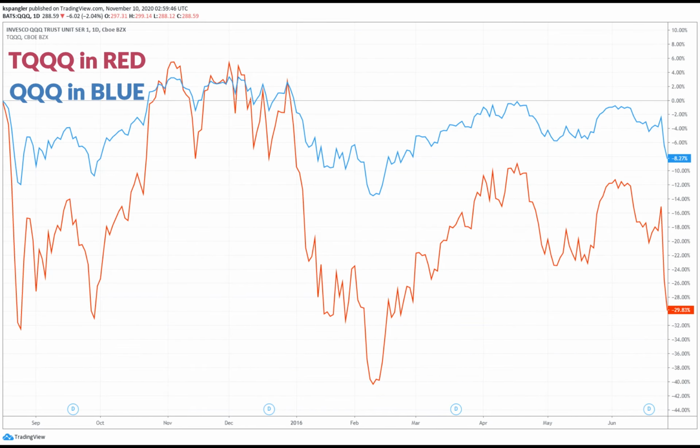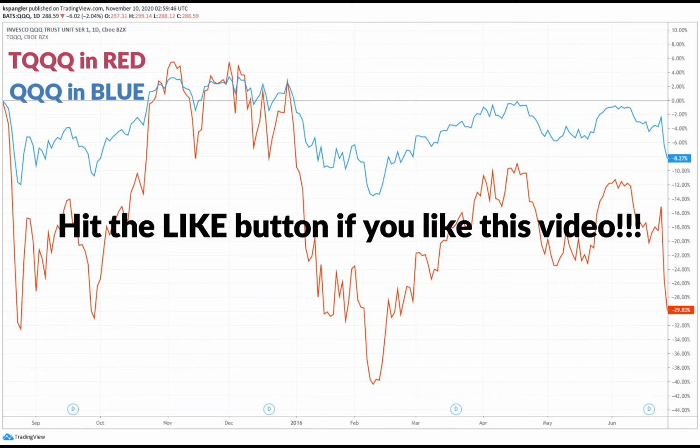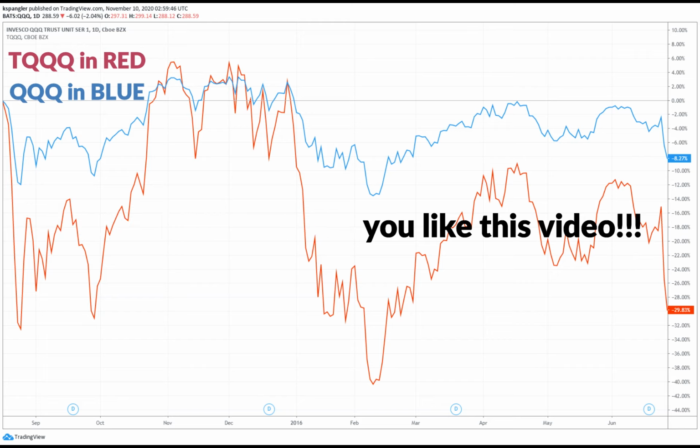Then when we have 2015 to 2016, we've got a very volatile period. A lot of sideways action, and you can see that TQQQ really gets beaten up during this time. It doesn't fare as well as the NASDAQ in general. In this time period, you're not really getting the risk to reward that you deserve for holding something this risky. But when the momentum is there, it performs really, really well.